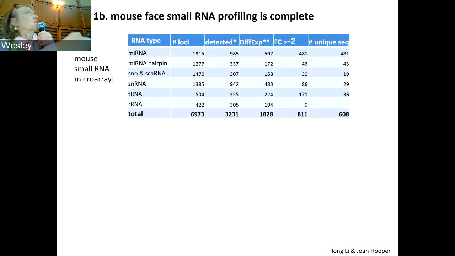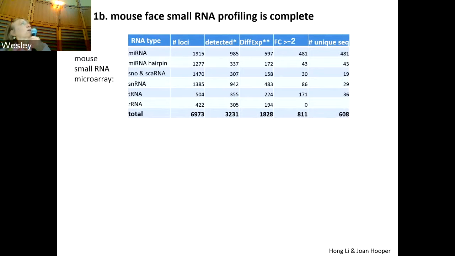And so we designed a custom microarray that has all the known microRNAs, microRNA precursors, as well as a series of these other regulatory RNAs, the snoRNAs that are involved in covalent modifications of RNAs. The snRNAs are involved with the spliceosome, as well as tRNAs and ribosomal RNAs. So we designed this array.